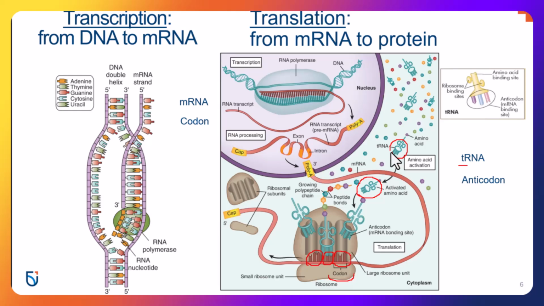Its goal is to find amino acids, and you can see one is bound to it here. I'll just erase the slide so you can see this amino acid is bound here. It finds an amino acid, and it's a specific amino acid that really matches with this part of the tRNA here.